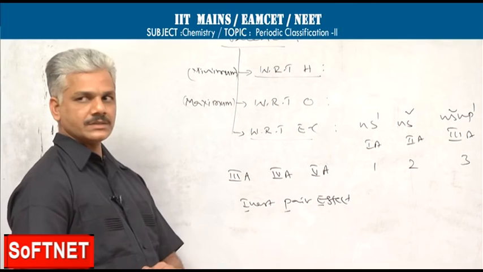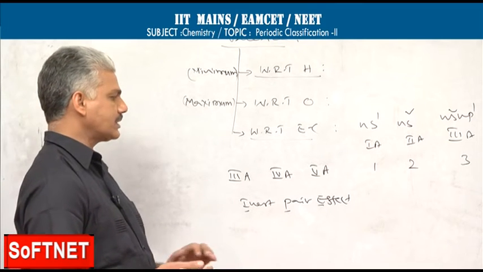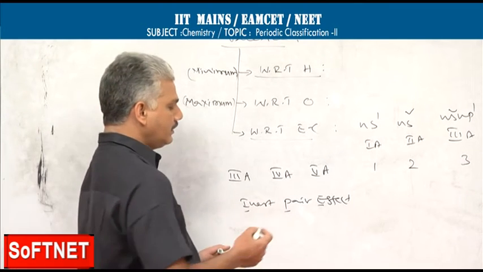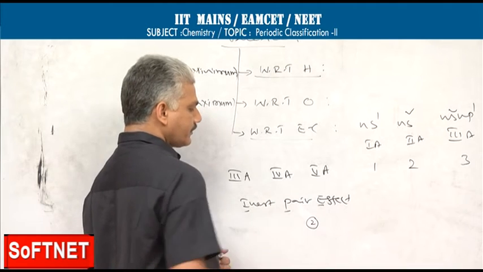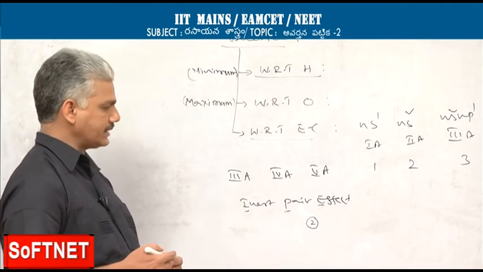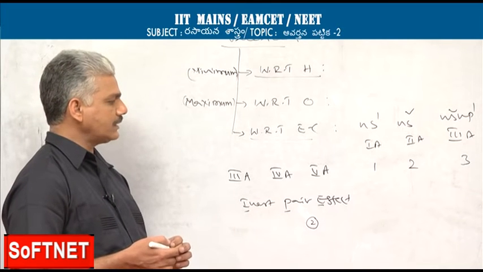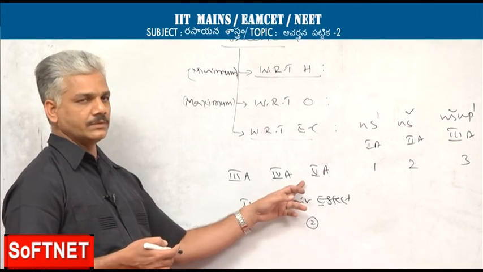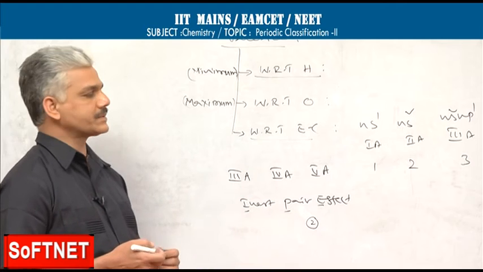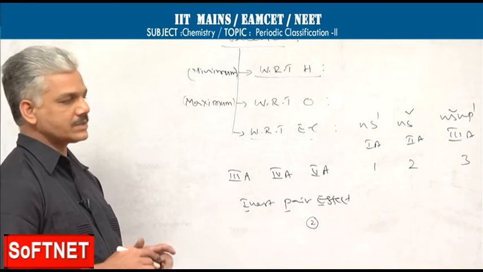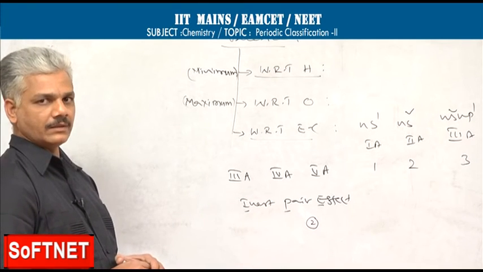As the s electrons do not participate in bond formation, the valency value decreases by 2 units in these 3 groups. However, this phenomenon is limited only to these 3 groups. In the rest of the groups, the valency remains constant for all the elements.